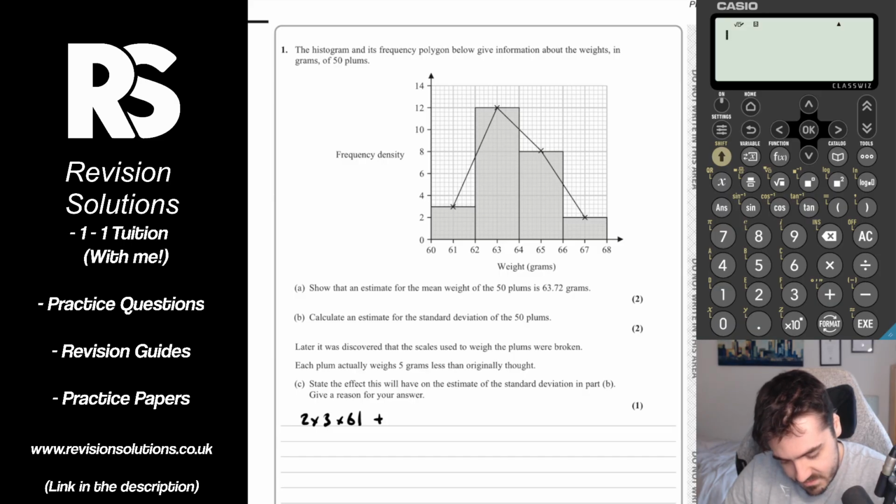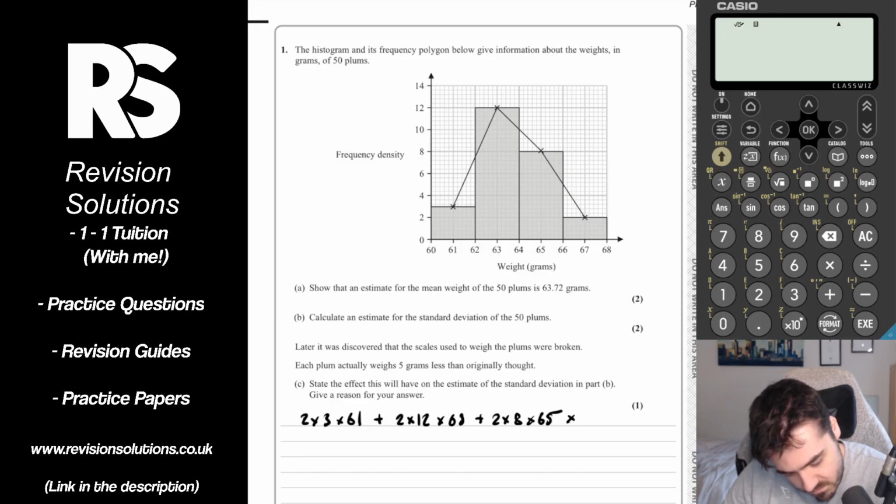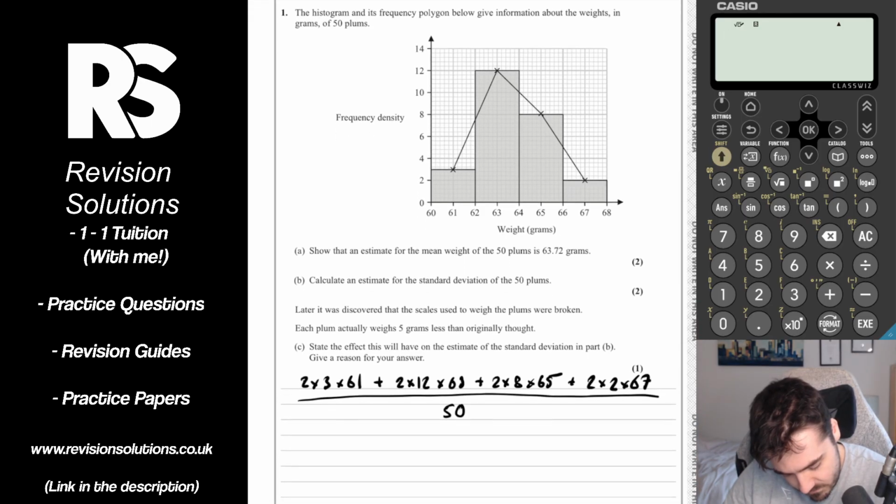Repeating that for the next groups, we'd have 2 times 12 times 63, then 2 times 8 times 65, plus 2 times 2 times 67. That's the sum of all our data, and then we divide by the number of pieces of data, so over 50, which gives us the mean.